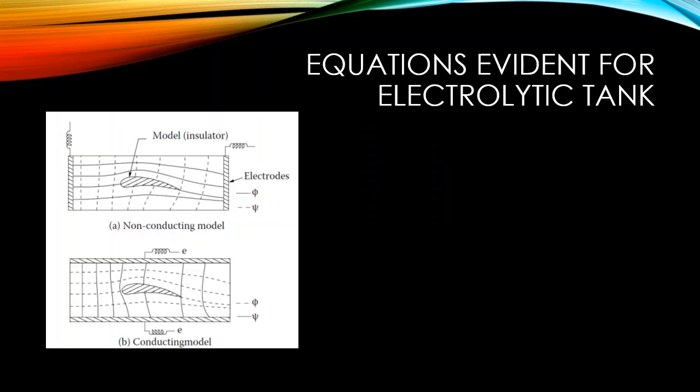So what are the basic equations evident for the electrolytic tank? For this you are considering the major equation as the Laplace equation. You know what is meant by the Laplace equation, right? It is the equation which satisfies grad square phi equal to 0.